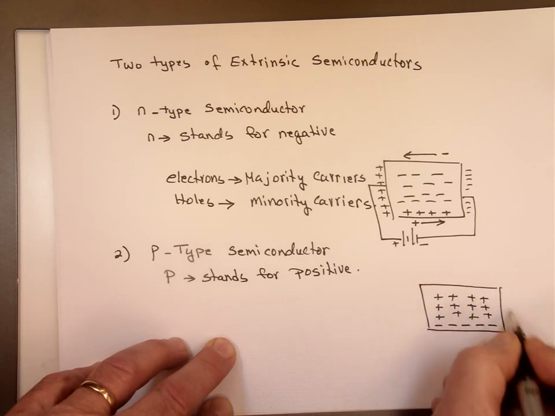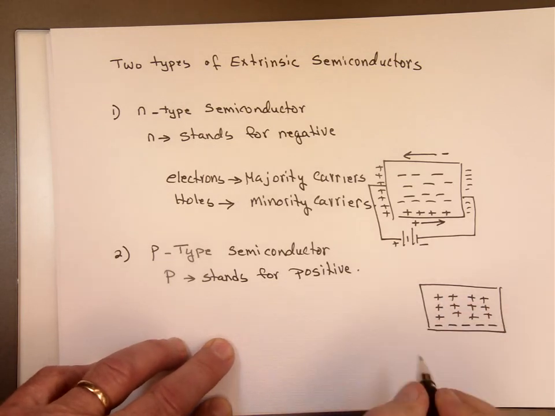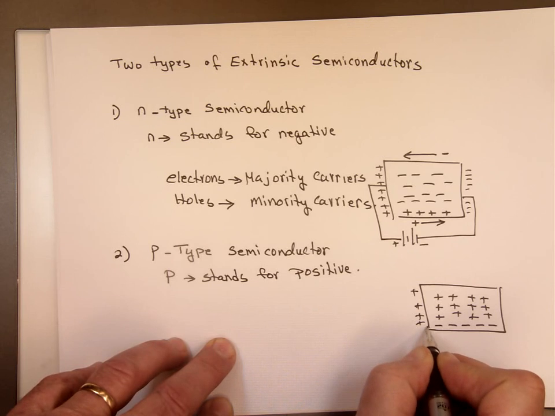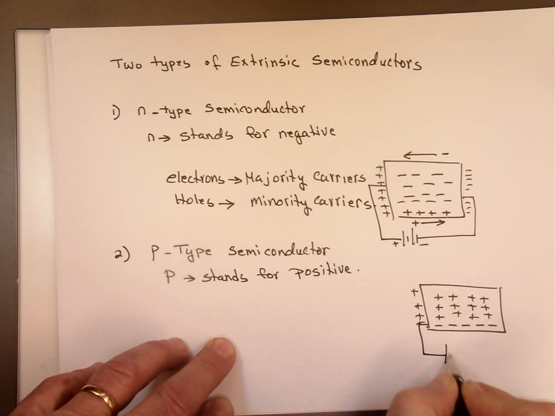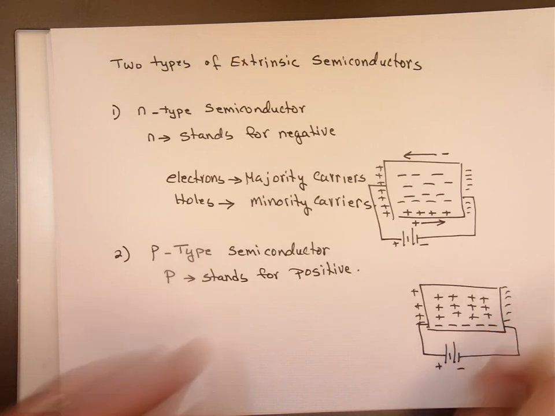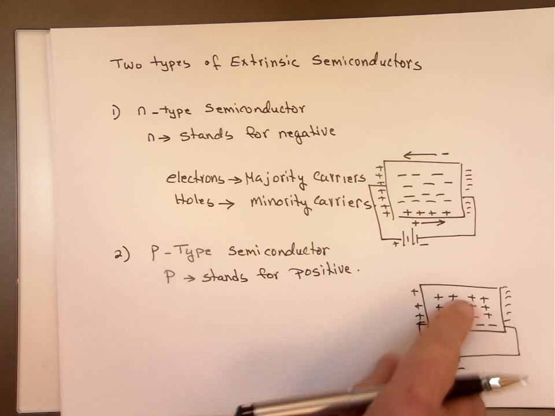And again, you attach your source to it. Attach the plus side here, and attach the negative here. So we have more positive charges than negative charges.